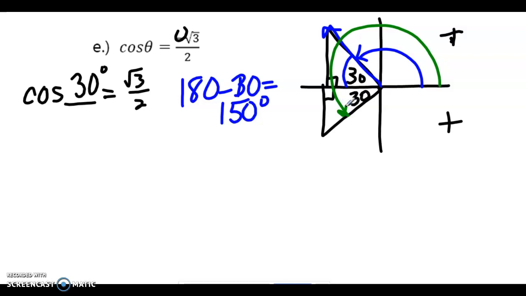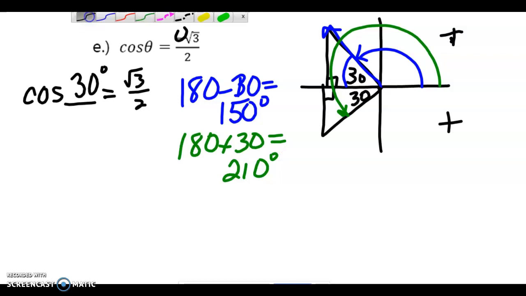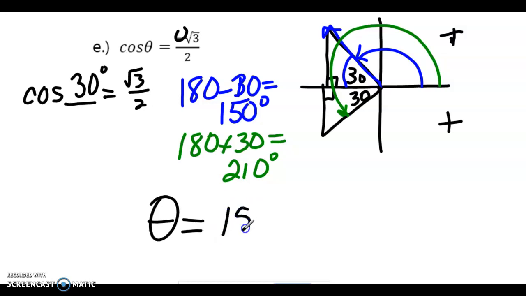So rather than subtracting 30, we're going to add 30, right? To give us 210 degrees. So the two values for theta in quadrants 2 and 3 that would give us a negative radical 3 over 2 for the cosine would be 150 degrees and 210 degrees.